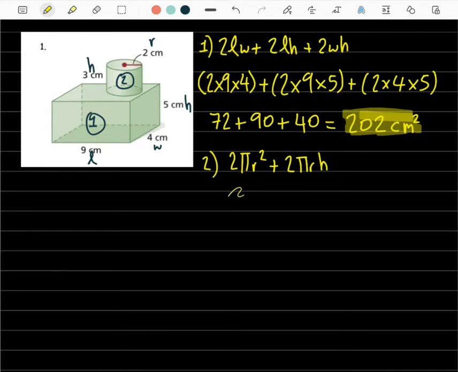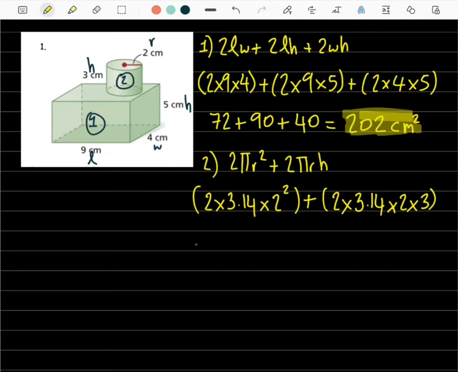So we have 2 times 3.14 times r to the power of 2, which is 2 square, plus 2 pi r h. Let's take the value of pi as 3.14. So 2 times 3.14 multiplied by our radius, which is 2, multiplied by our height, which is 3. Let's calculate it now. 2 times 3.14 is 6.28 times 4, plus 2 times 3.14 is again 6.28 multiplied by 6.